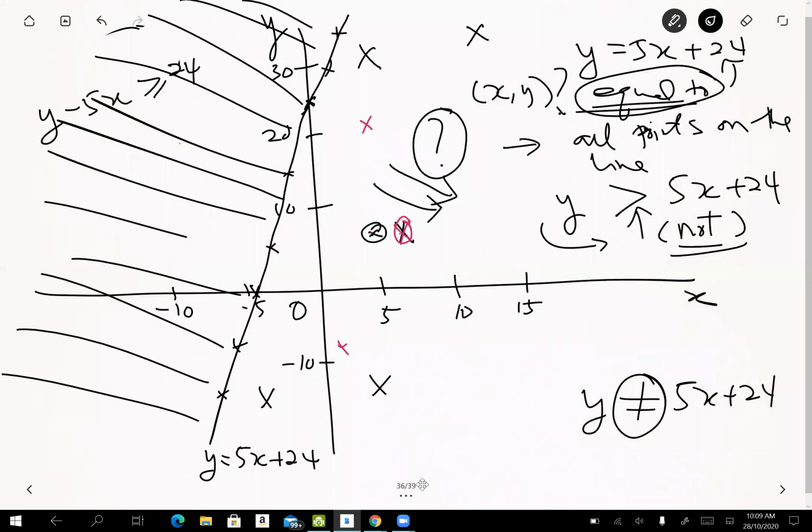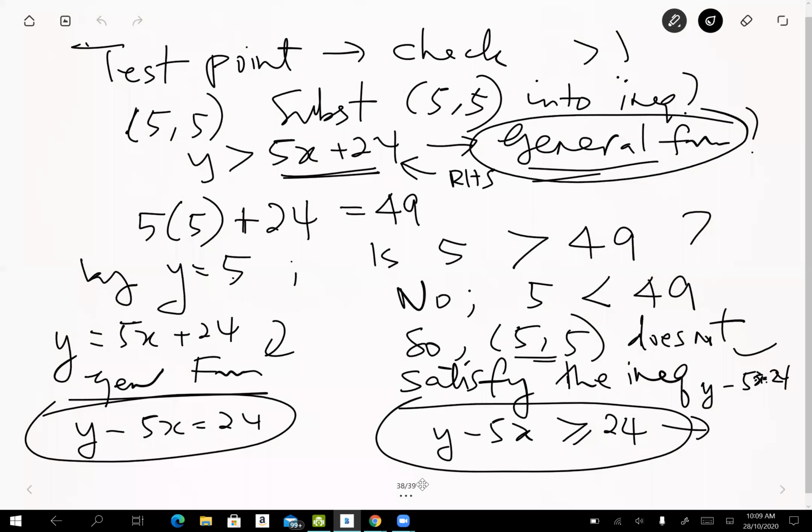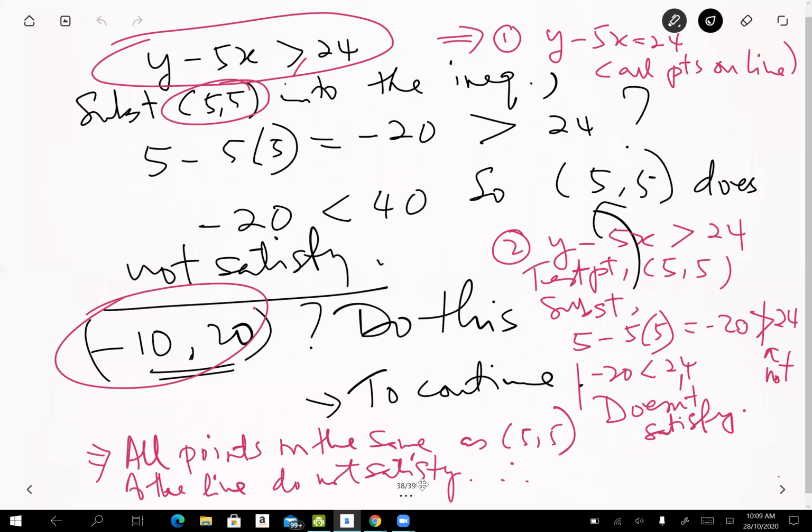All right. Okay. So what can we deduce from here? Now, what we deduce from here is this. We took the first point, 5, 5. Right? And that point 5, 5 does not satisfy.